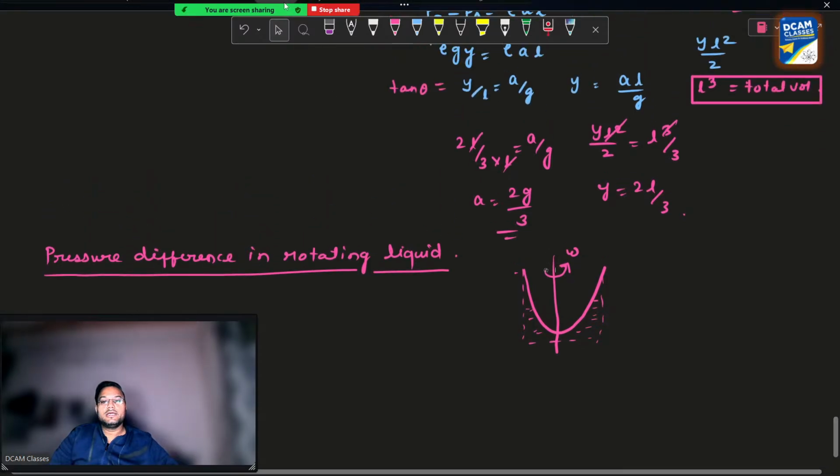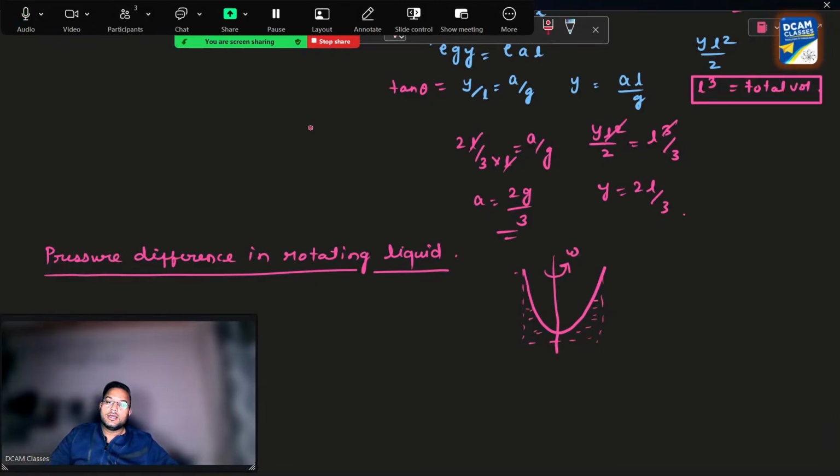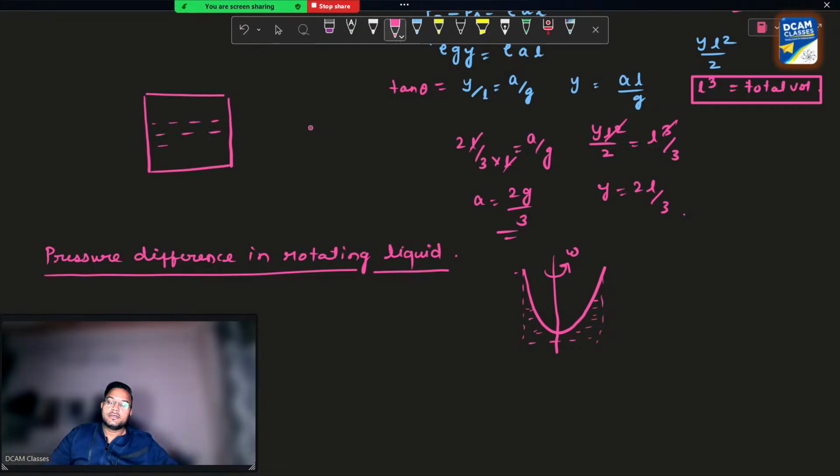Acha, one more thing I wanted to tell you, don't leave. One more concept I wanted to give you. There are cases where there is a container like this. We know because of acceleration due to gravity, there is a pressure difference. But what happens when the container itself is accelerated downwards?